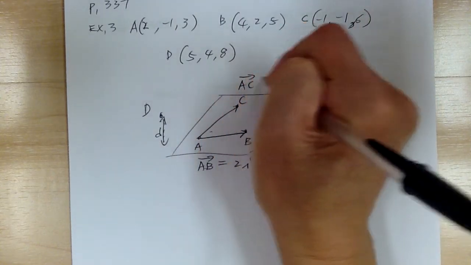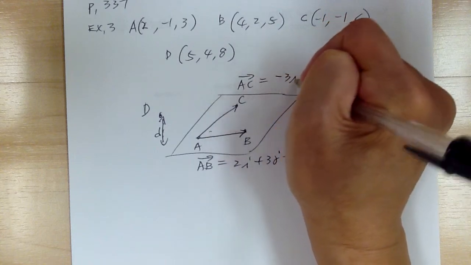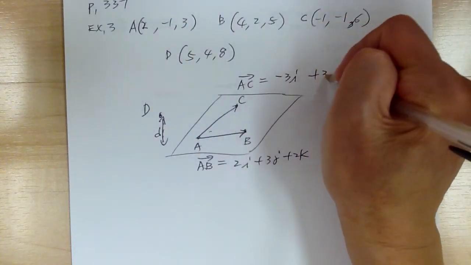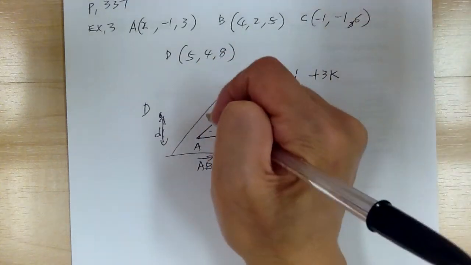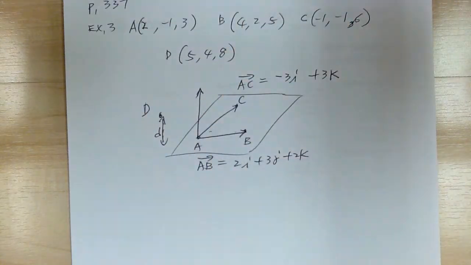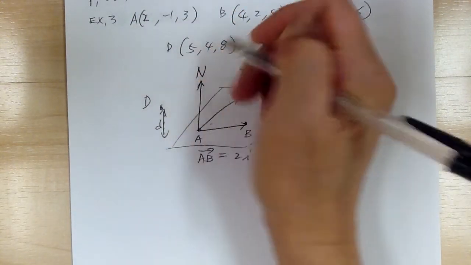So vector AC, again you subtract, so you're going to get minus 3i, this minus j is 0, this minus k is plus 3k. Okay, and then what you're going to do is find the normal.